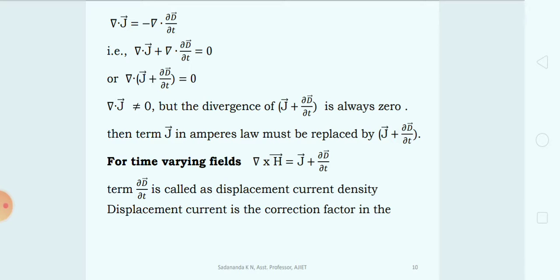It is a correction factor in Maxwell's equations that appears in time varying, that is AC conditions, but does not describe any movement of charges, though it has an associated magnetic field. Though the name suggests a current, there is no movement of charges; it is purely a correction factor in Maxwell's equations.